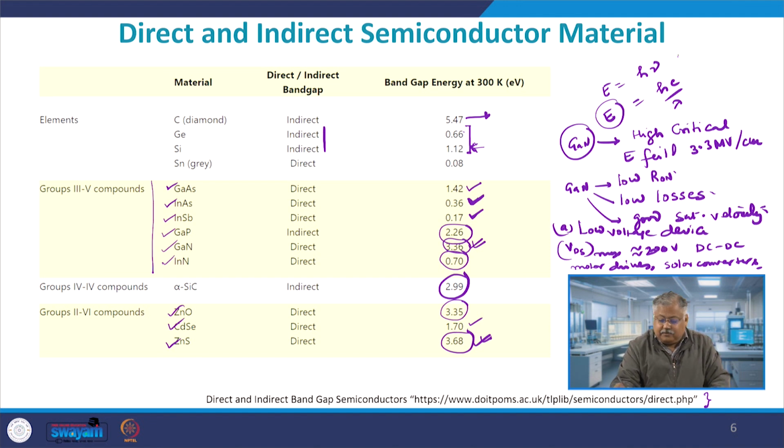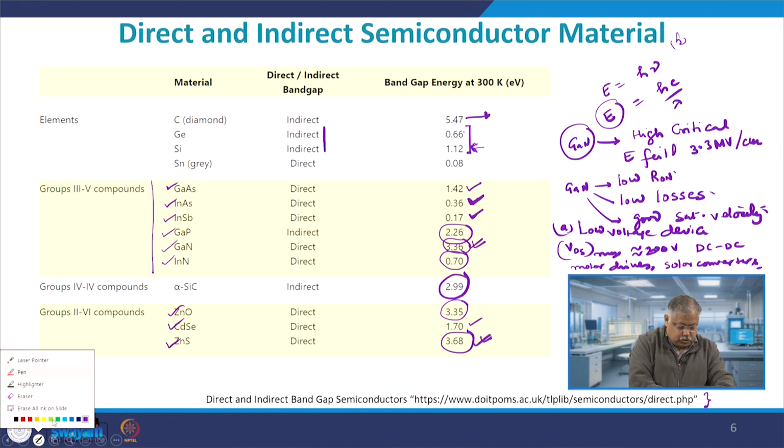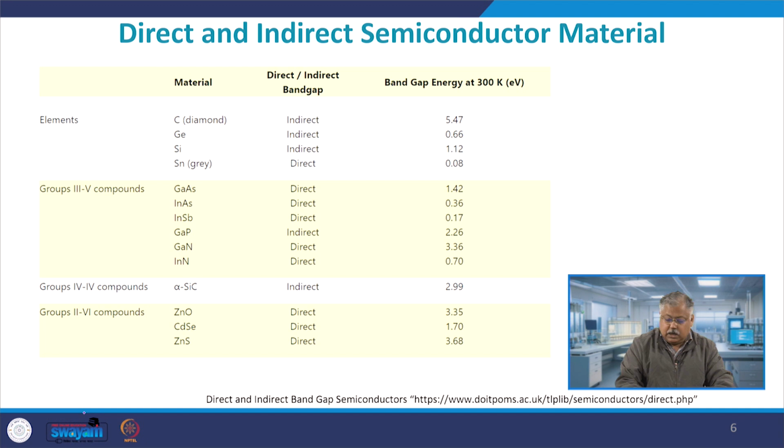We also have high voltage devices. Let me rub this portion so that it is visible to all of you. So, then we have these high voltage devices, whose VDS max is around 650 volts, and they are generally used in industrial converters.